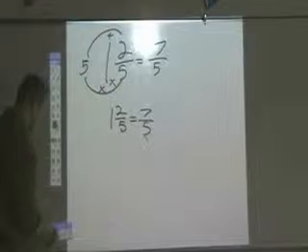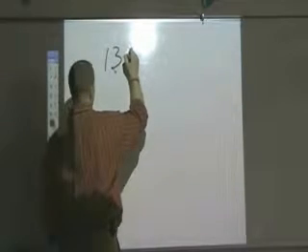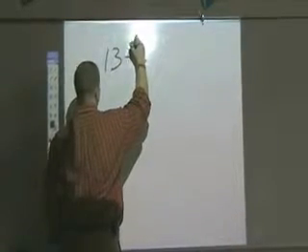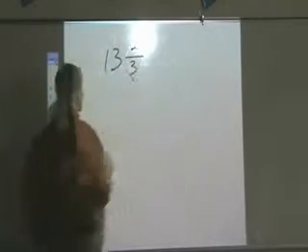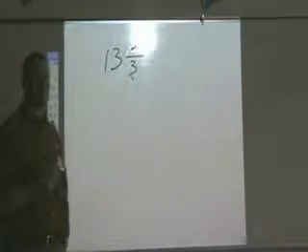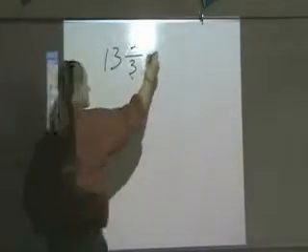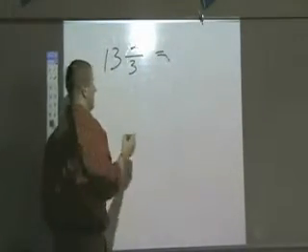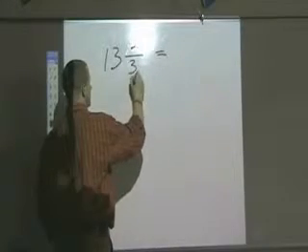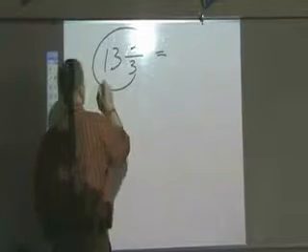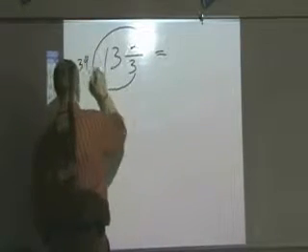Let's do another example. Let's take 13 and 2/3. We have 13 and 2/3, a mixed number. I want to make it into an improper fraction. You're going to do your magic C or your backward C or your popcorn. 13 times 3 is 39.